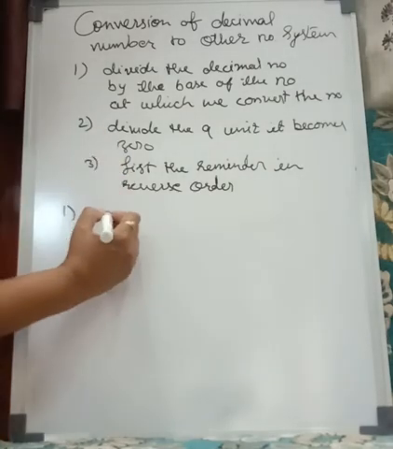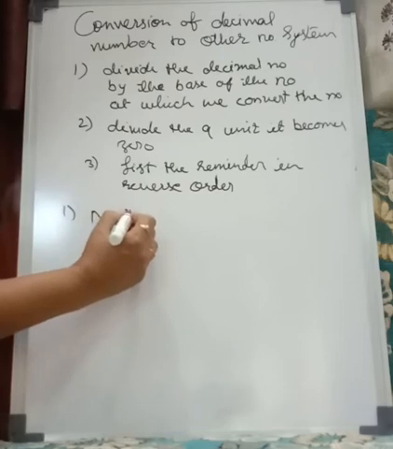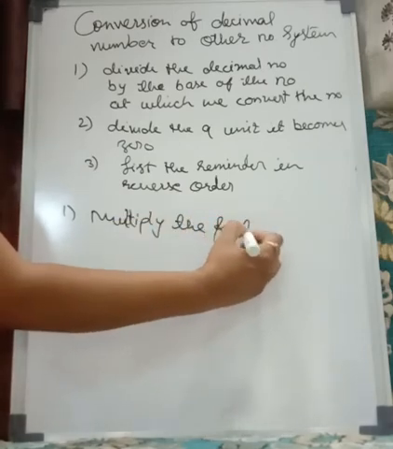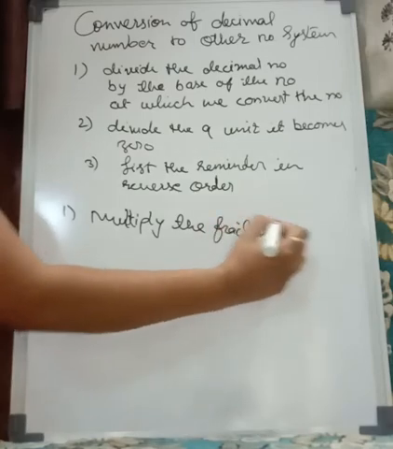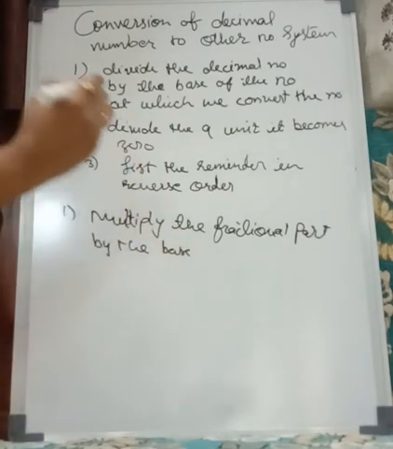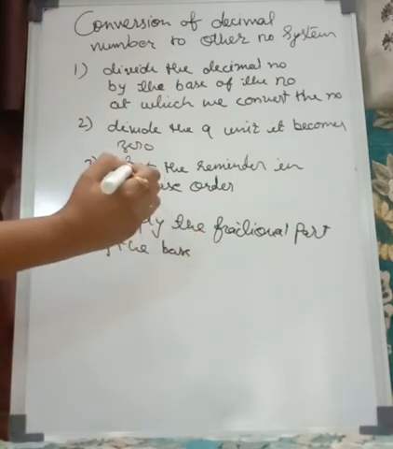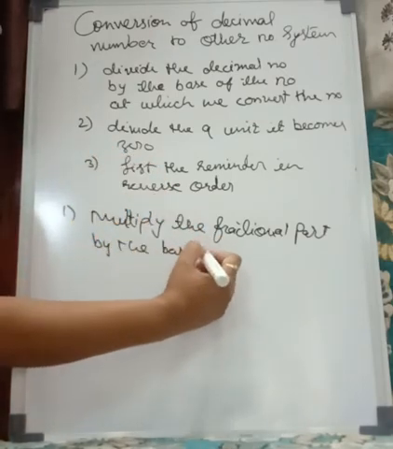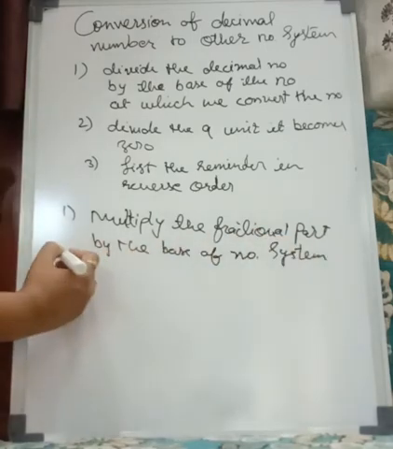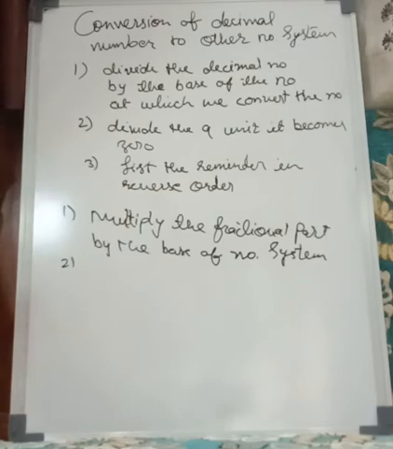Then we multiply the fractional part of the product by the base and note down the carry generated as the next bit.